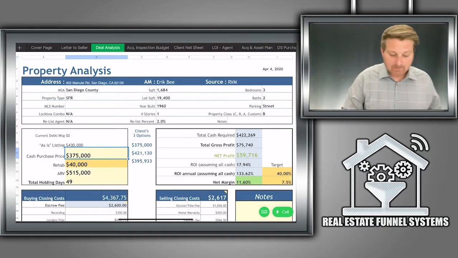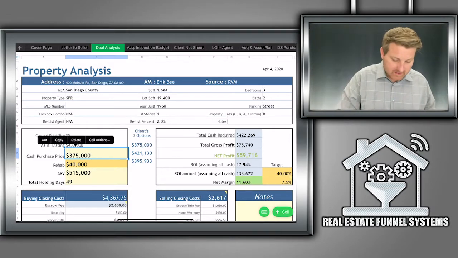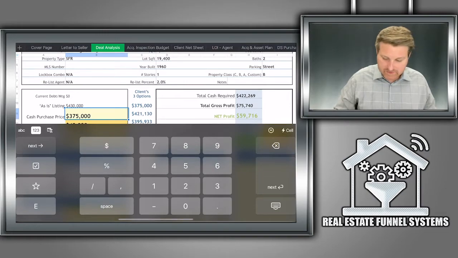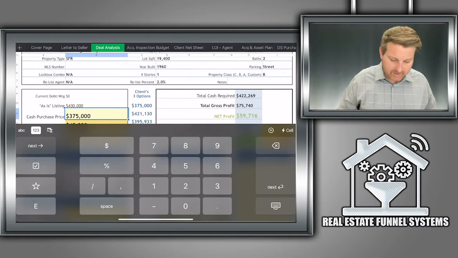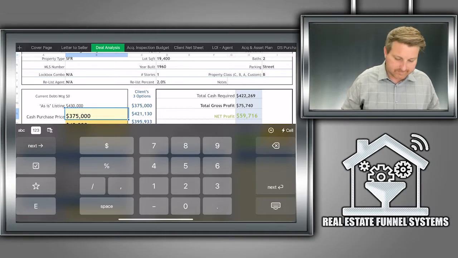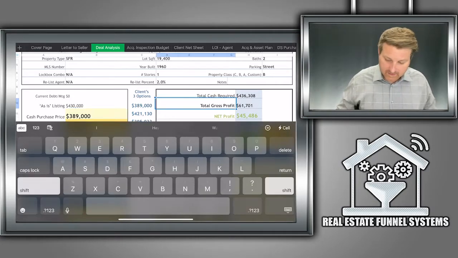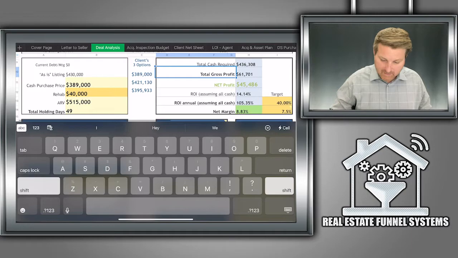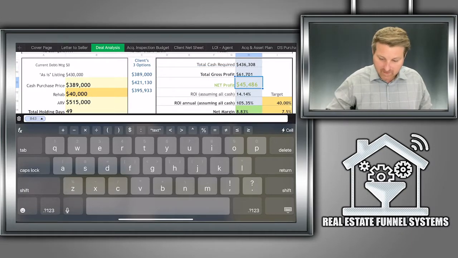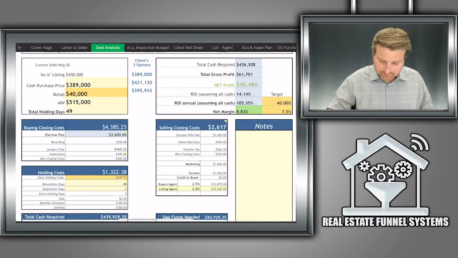So we plug in our numbers here. So this might be, we might negotiate with them and say, hey, you know what, we can actually pay $389 or something like this. So $389. Okay, and you can see over here the net profit is $45,000.